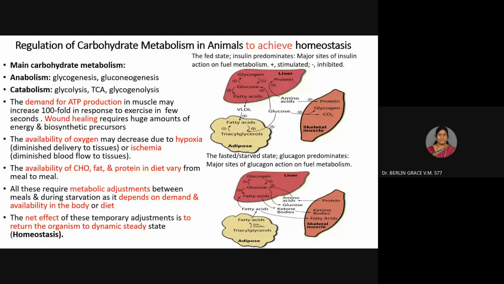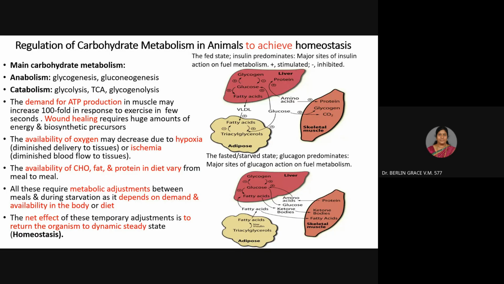So based on the meal to meal interval, exercise, or wound healing, or any other stressful condition, hypoxia, the metabolic adjustment should happen. This will happen between meals and during starvation, and it depends on the demand and availability in the body as well as diet. So the net effect is to achieve homeostasis. It will return the organism to the normal dynamic steady state.